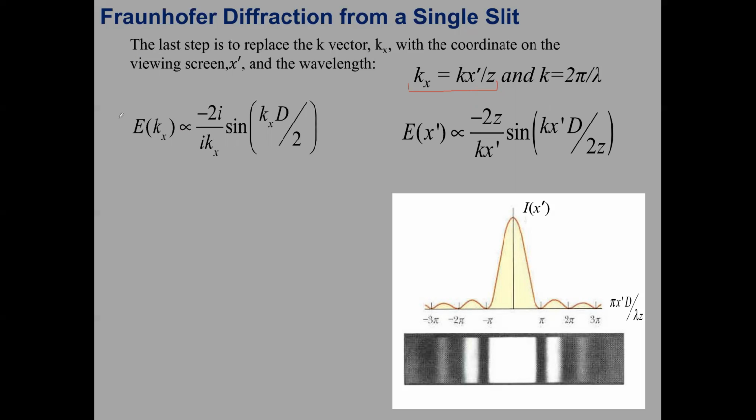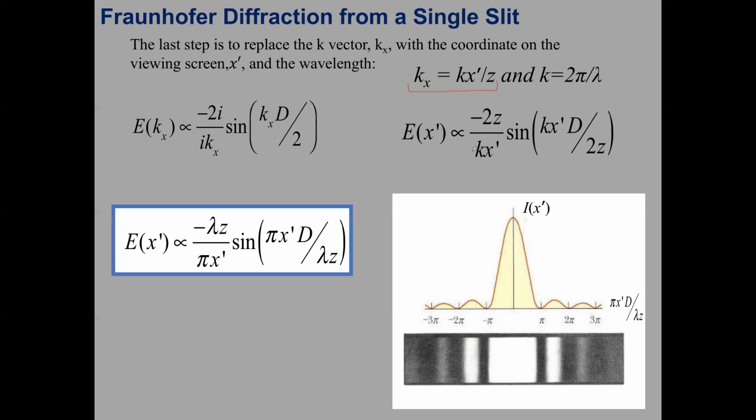So this gives us E as a function of x prime. And often you see the result written in terms of wavelength rather than wave number. So in the formula I'm going to box here, I'm just going to replace k with 2 pi over lambda and cancel out other factors.